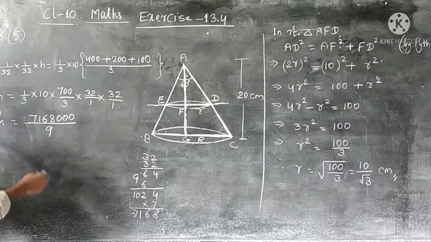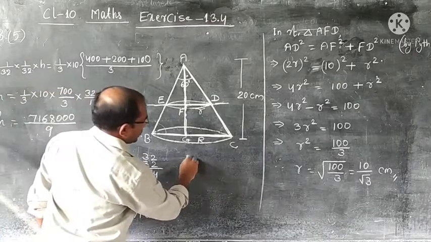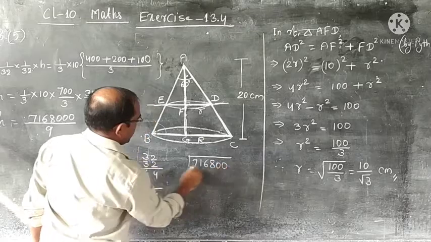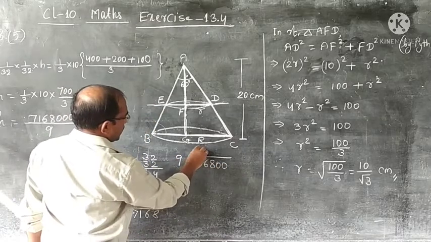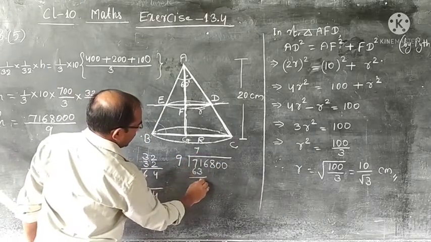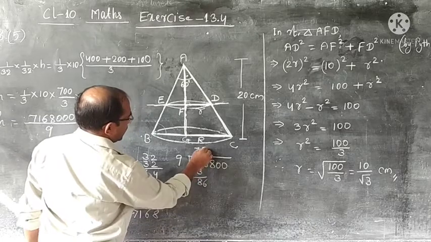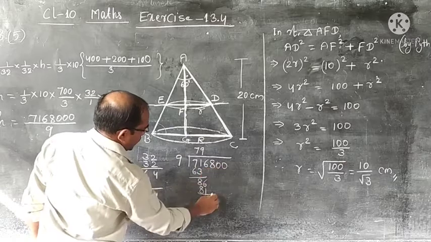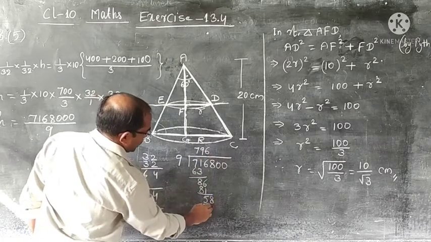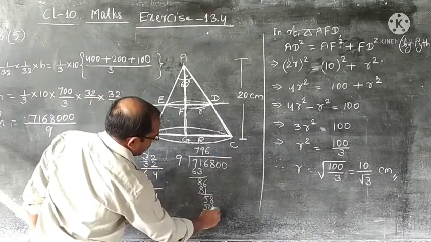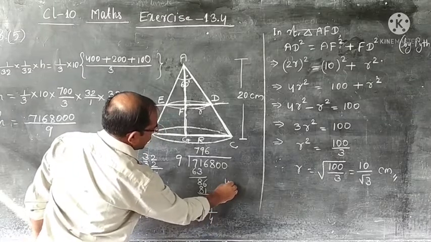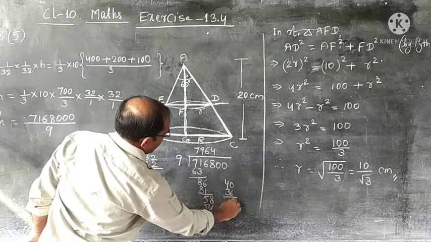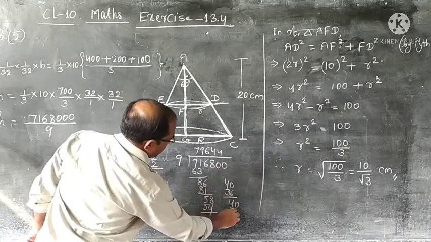So we need to now divide 71680 divided by 9. 9 sevens are 63. 9 nines are 81. 9 6s are 54. 4, so 4 is here, 0. 9 4s are 36. 4 again, 0. 9 4s are 36.